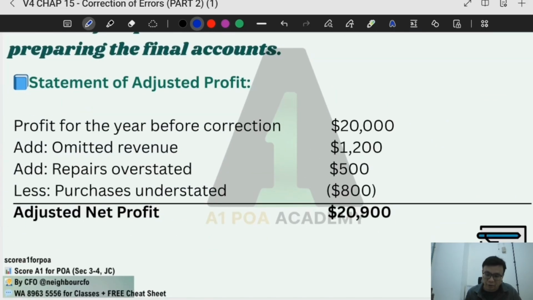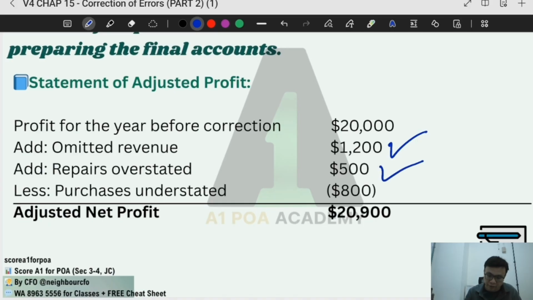Profit for the year before corrections, 20,000. You omitted the revenue, and when you omitted, now you need to make sure that you account for it, right? So this is where you add back the 1,002. Next, you have the repair. Remember, repair, we say that it is overstated repair expenses. So it's a double count, and if it is a double count, you actually double deducted, or you overstated your expenses by 500, and this is where you will need to add back because it has been deducted twice.